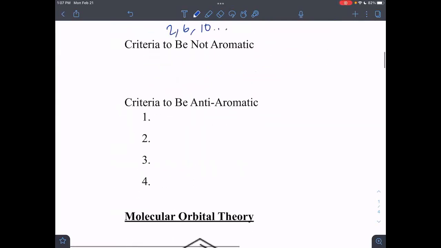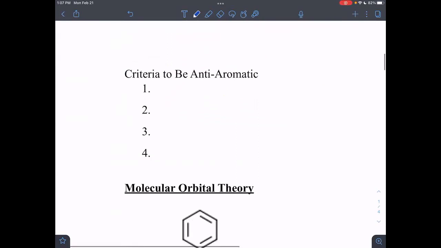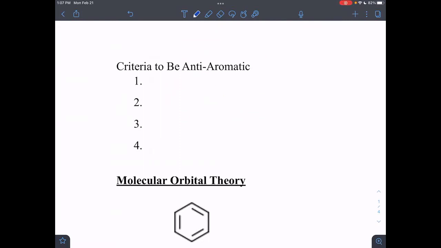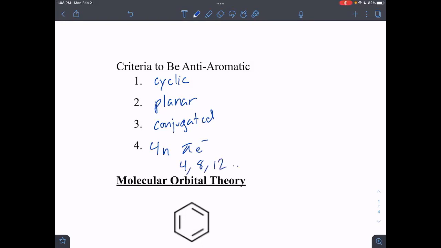For it to be anti-aromatic, it's the exact same thing as aromatic, but instead of 4n plus 2, we need to have 4n pi electrons. So it's cyclic, planar, conjugated, and the difference is 4n pi electrons. So it's going to be like 4, 8, 12, and whatever.